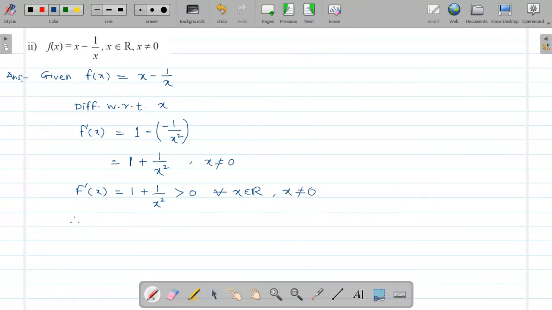So hence we can say that given f of x is an increasing function for all x belongs to R. Okay, so this is our final answer.